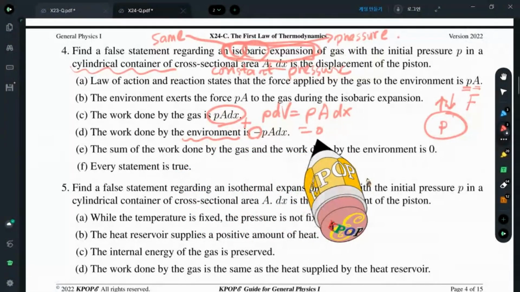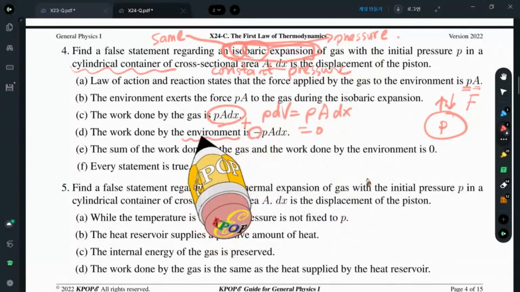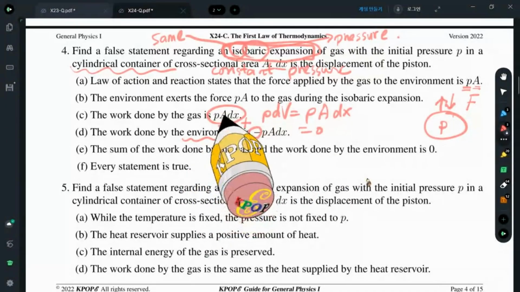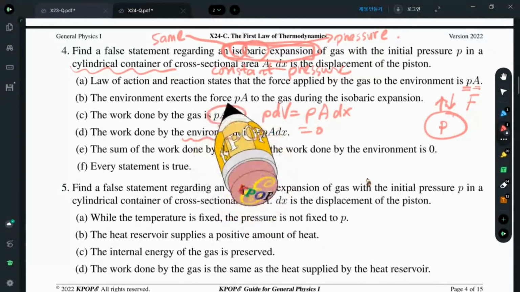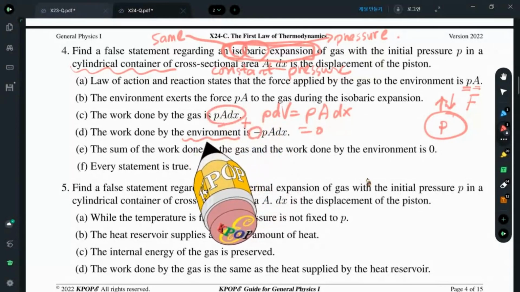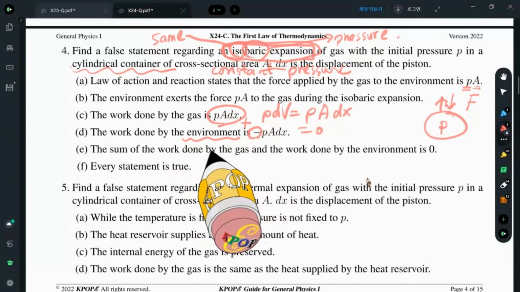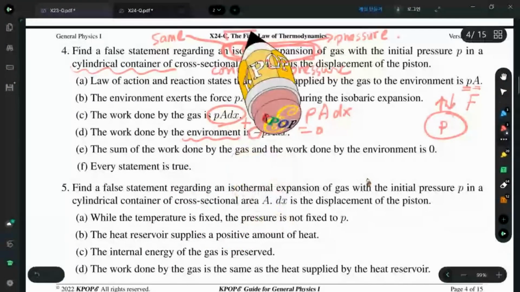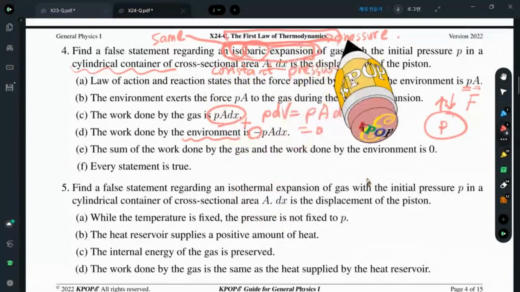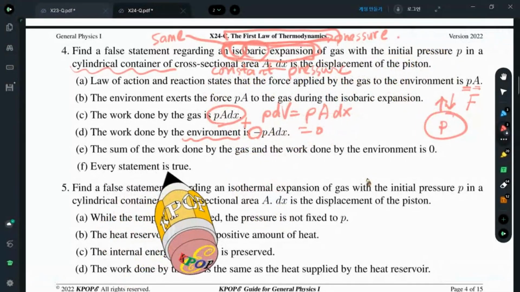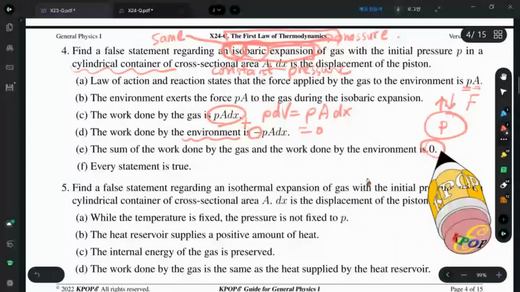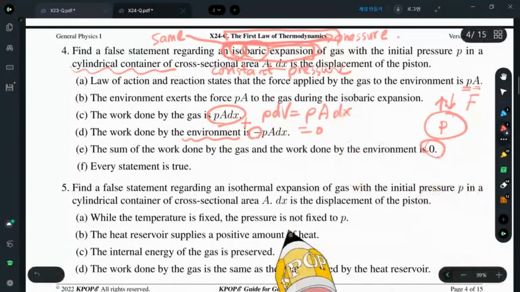If the gas loses a certain amount of energy, then the environment accepts the same amount of energy. That is the conservation of energy, and that is nothing but the first law of thermodynamics. The sum of the work done by the gas and the work done by the environment is zero. Yes, it's a conservation of energy.